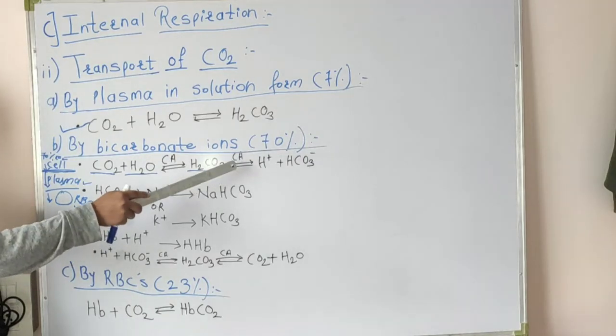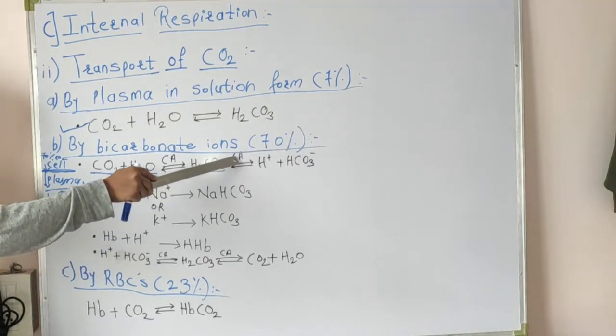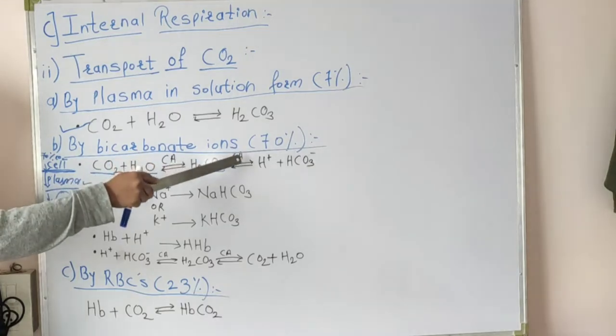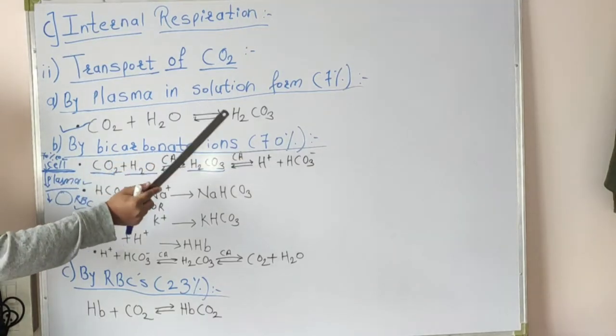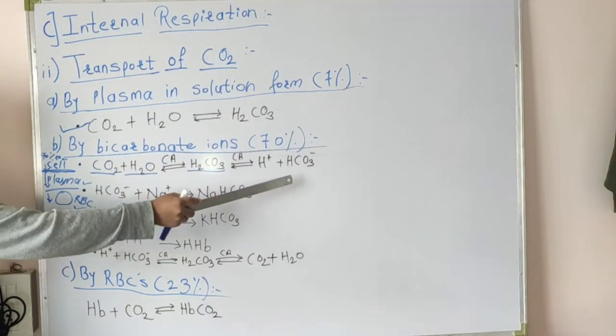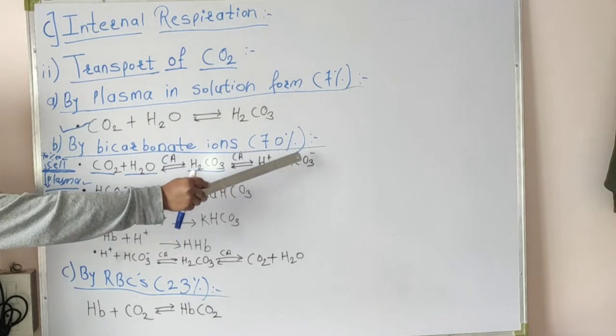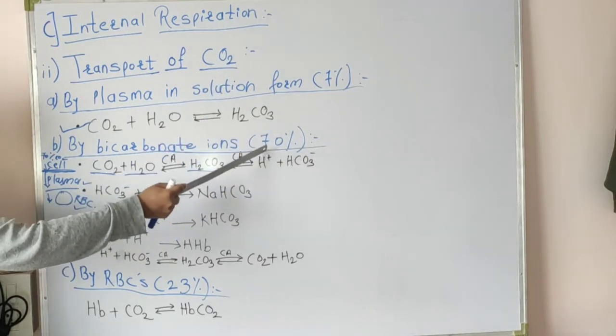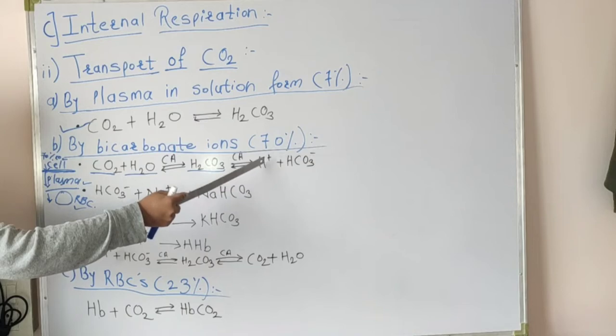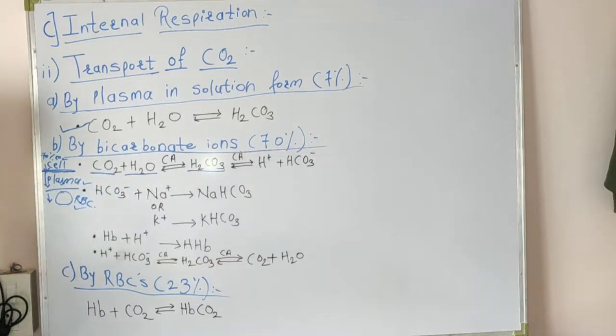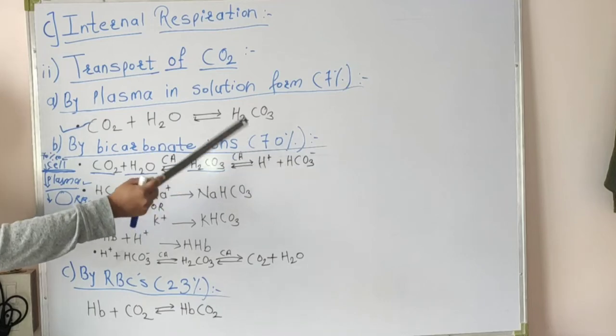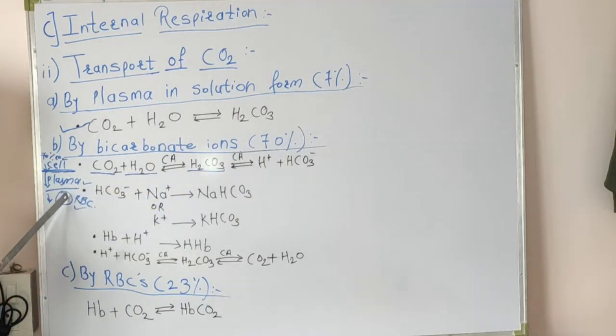Because of this enzyme there is accumulation of HCO3, and this whole reaction occurs in the RBC.